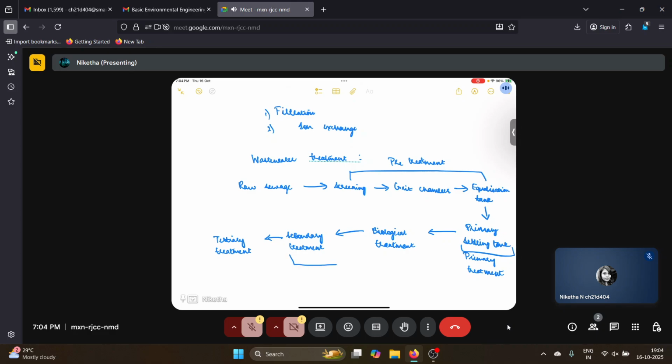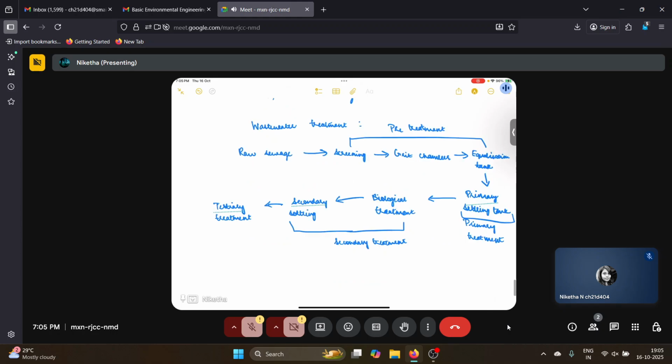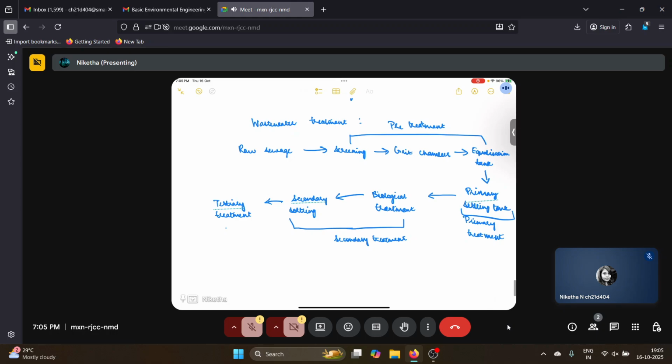And along with the secondary settling, these two, the biological treatment as well as secondary settling, come under the secondary treatment category. After secondary and tertiary treatment, we will do disposal.